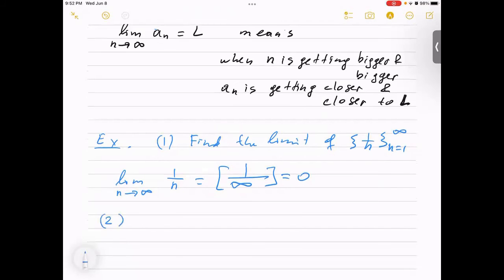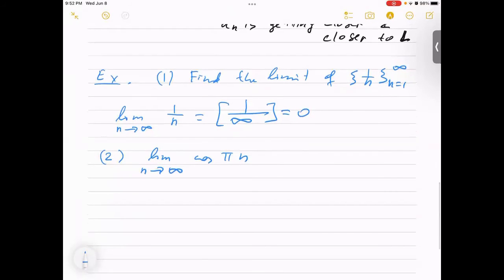Second example. Limit of cosine of pi n as n approaching infinity. So I try to guess what's going to be happening here. Eventually, I'm going to see a very big number for n. So eventually, I'm going to get cosine of infinity, and I struggle with what's going on here.